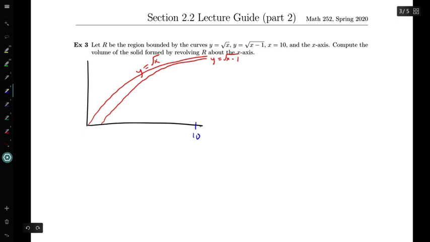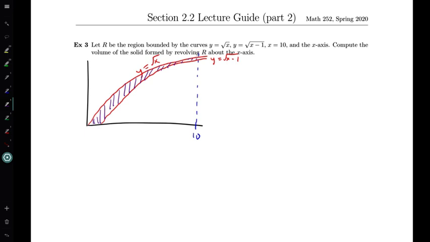So here's 10. And I have the x-axis as the other bound, so the black vertical line here. So the region that I must be looking at revolving then is this purple region, which I'm shading here, all the way up to that blue line there.